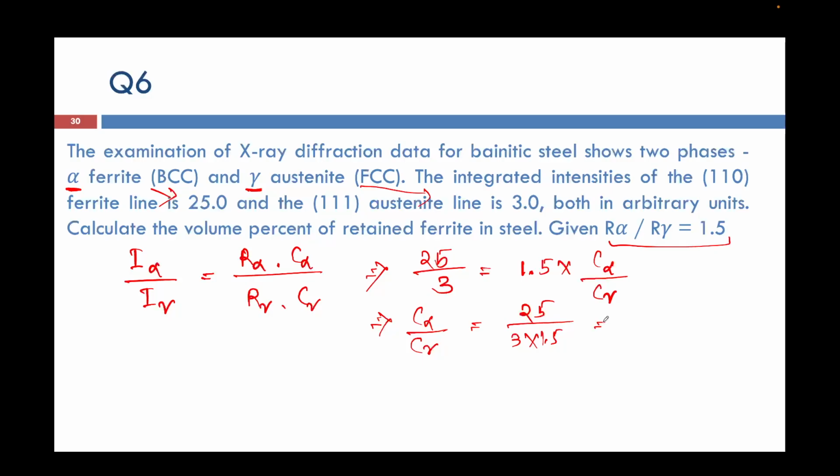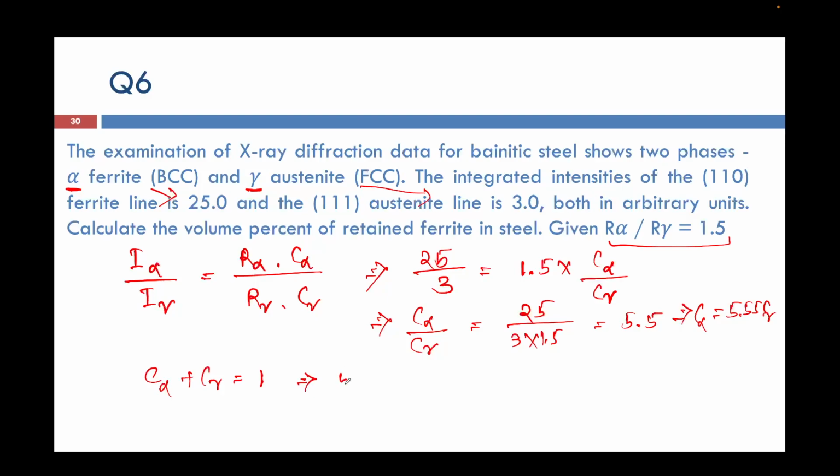So 25 divided by 4.5 will be 5.55. So C alpha is equal to 5.55 of C gamma. Now we know that C alpha plus C gamma, since it is a two-phase system, will be 1.